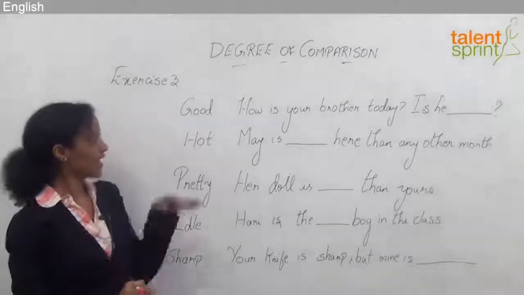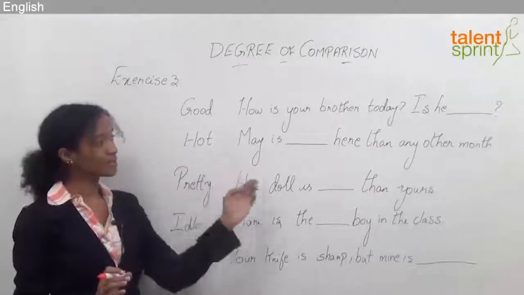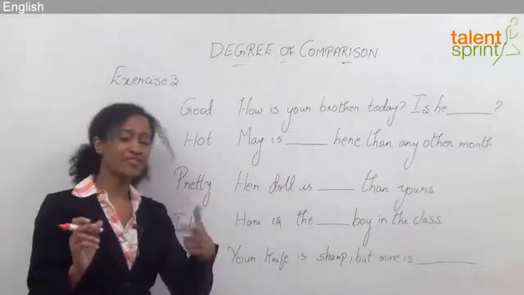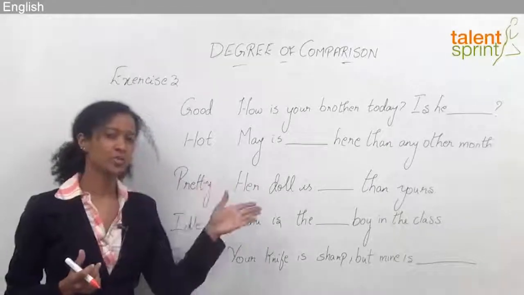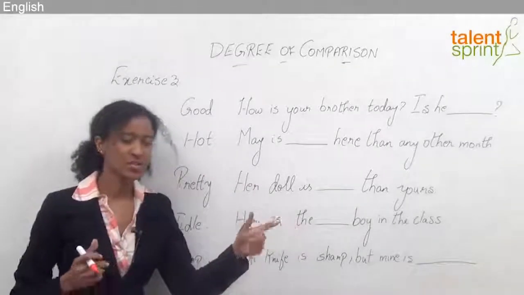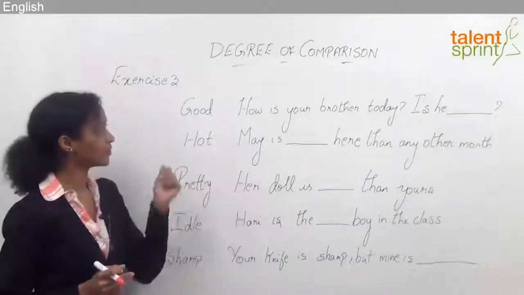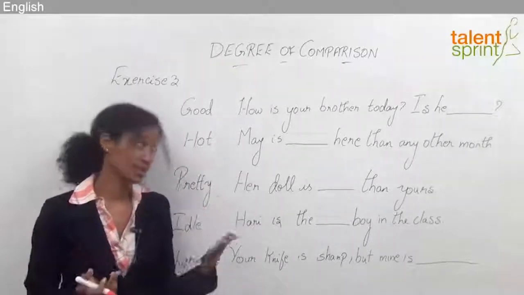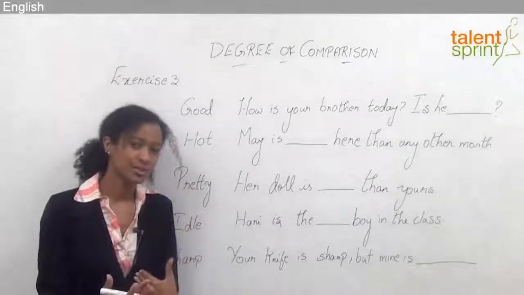Okay, so we have a couple of adjectives here. What I want you to do is, based on the context, modify them. Do you think a comparative degree adjective would be appropriate in the sentence, or a superlative or a positive? Let's look at the first one. Good. How is your brother today? Is he feeling, what do we say?